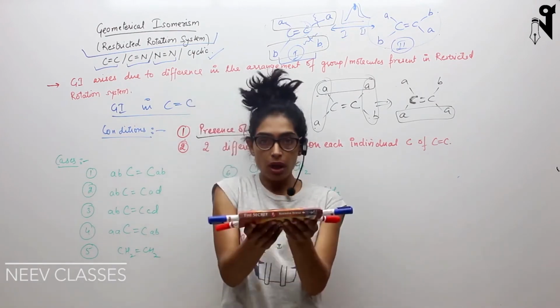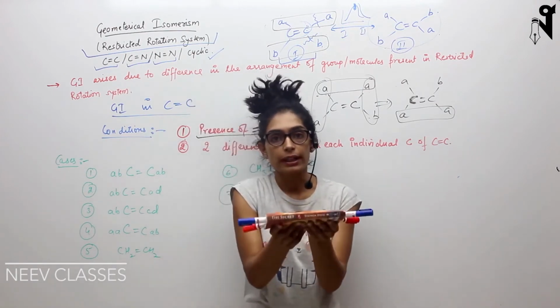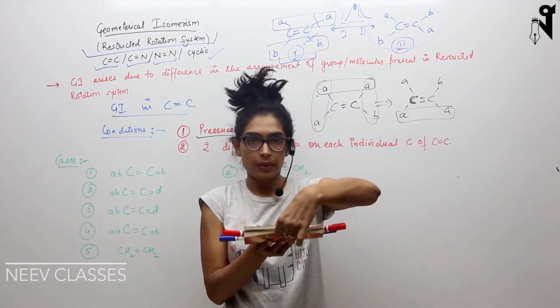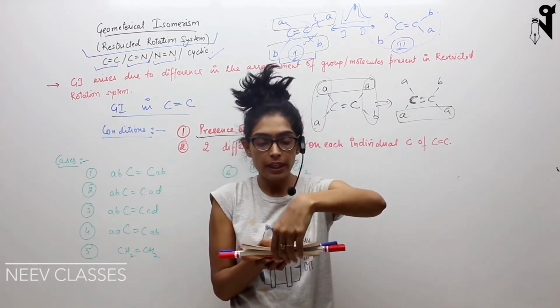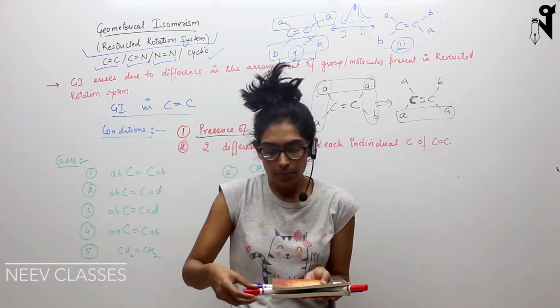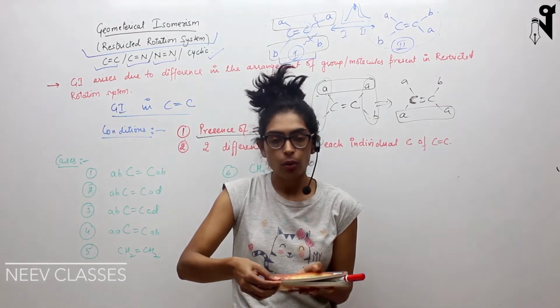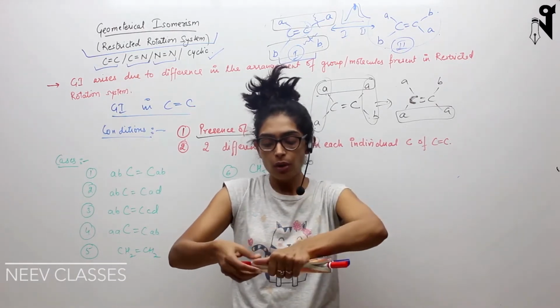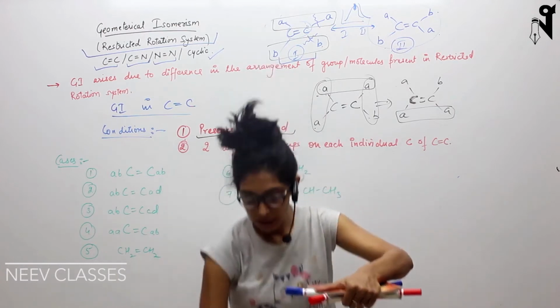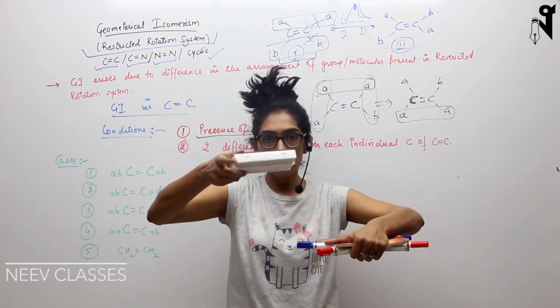Now if I put it like this, or if I rotate it like this, I have not broken any bond, to be honest. What I have done is simply rotated the whole molecule. I have not rotated through a bond or anything. The molecule has just moved like this.